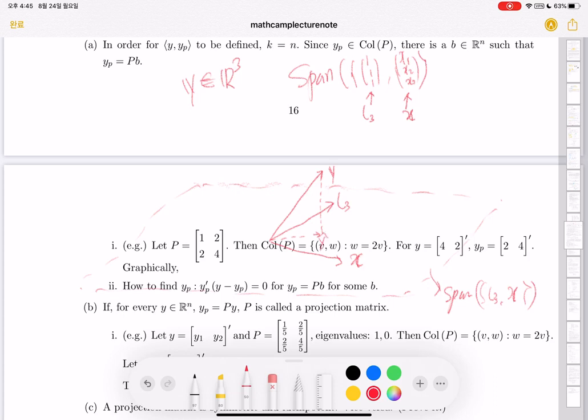Okay, and by definition, your y hat is a linear combination of iota 3 and x. So let's put the linear combination coefficients as beta 0 iota 3 plus beta 1 x. Or simply put, (iota 3, x) times (beta 0, beta 1).